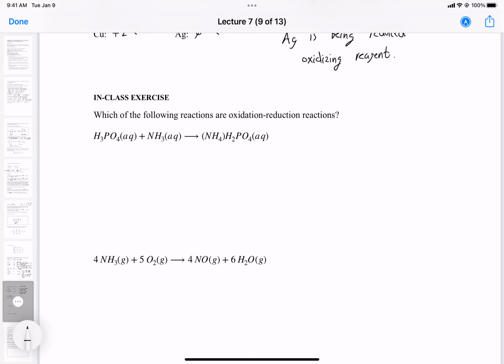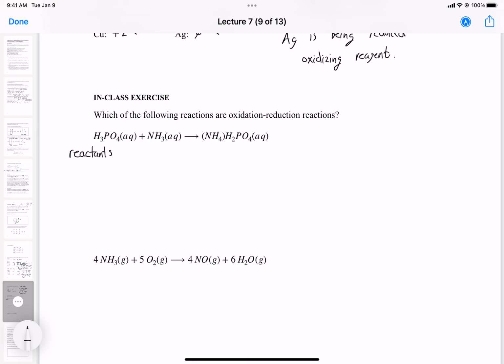Okay, so for the reactants, let's assign it here. So I'll write it like this. We have the reaction between phosphoric acid and liquid ammonia reacting to form ammonium dihydrogen phosphate.